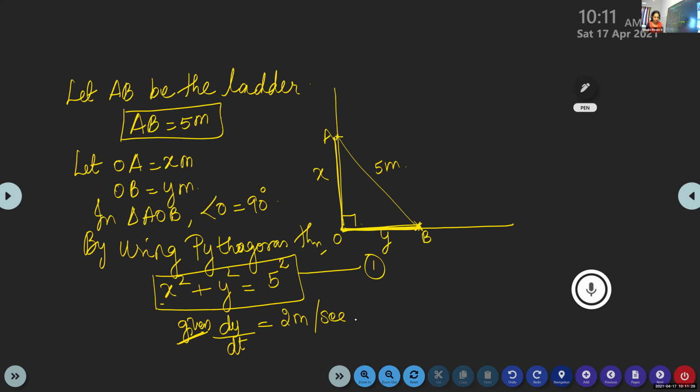What we have to find? Look at the question. Read the next point. How fast is the height on the wall decreasing when the foot of the ladder is 4 meter away from the wall?